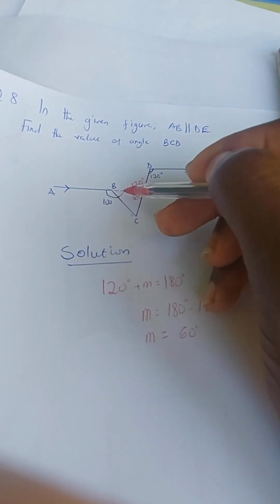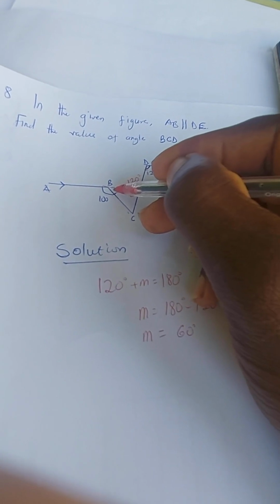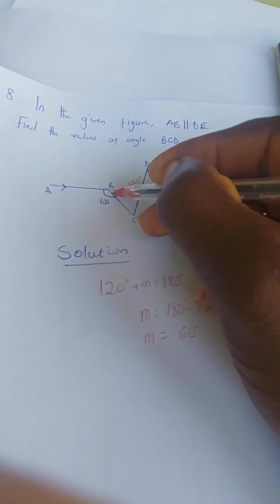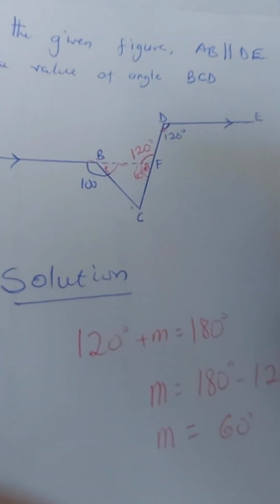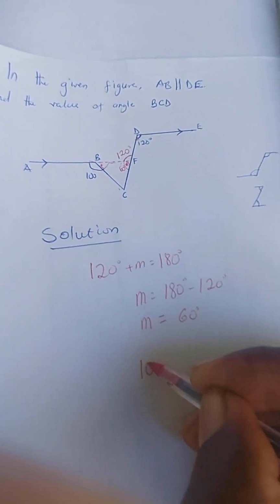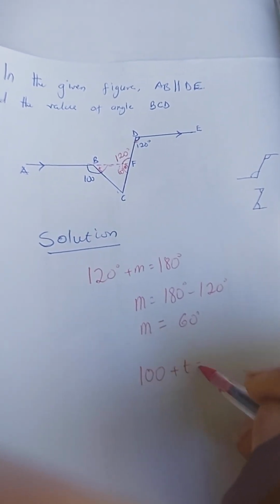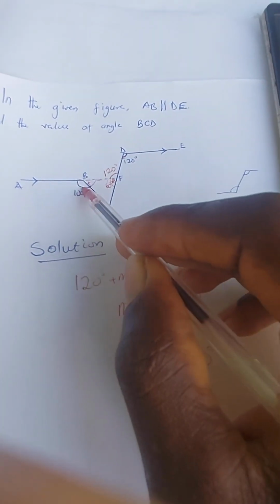So if here is 100, we need to find the value of the angle here. Let's represent it with a small t. So 100 plus t will be equal to 180 degrees because they are formed on this straight line.